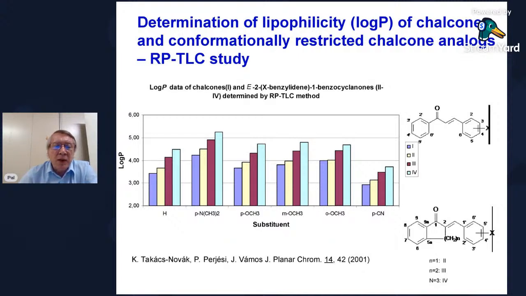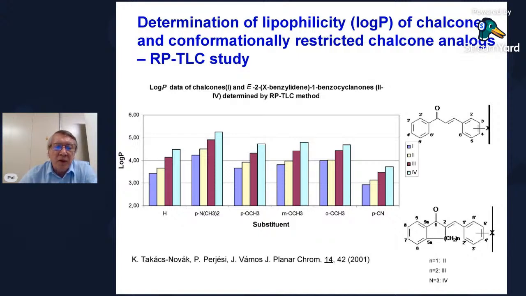Our experimental results showed that the log P values, the lipophilicity of the compounds, continuously increase as you incorporate a higher and higher number of CH2 units into the molecules.